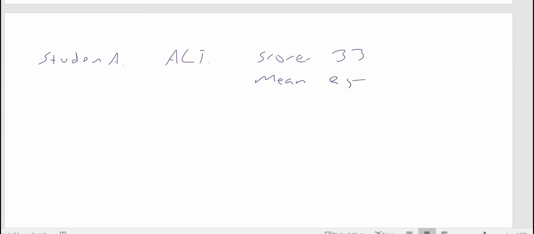All right, so let's suppose for a second that student A takes the ACT, and the score they got was a 33, with a mean for the group of, let's just keep it at 25, and standard deviation of 15.